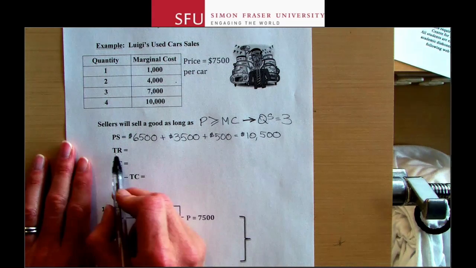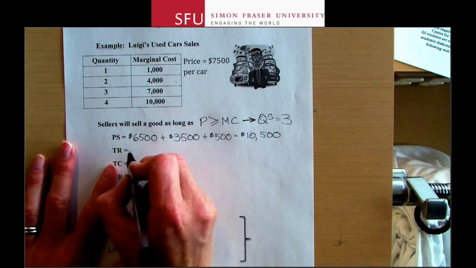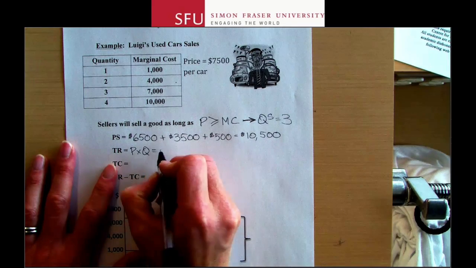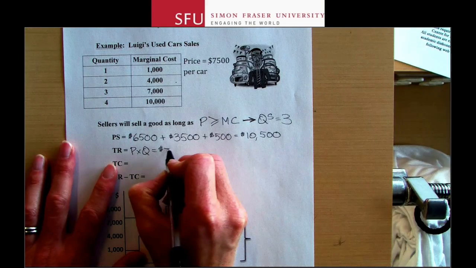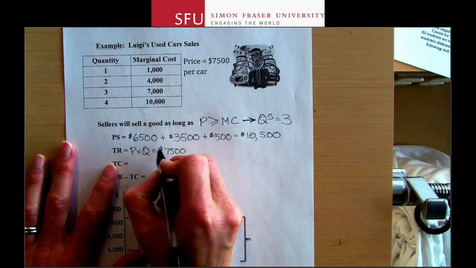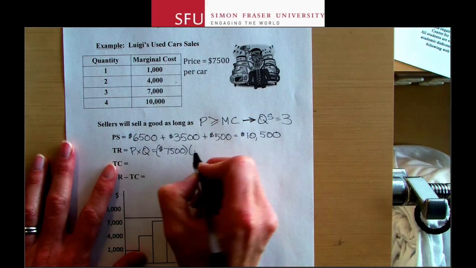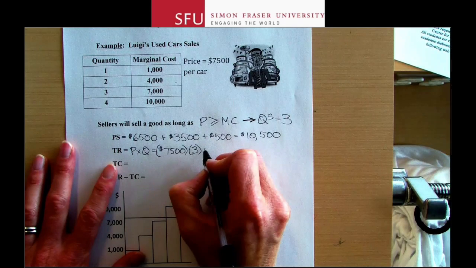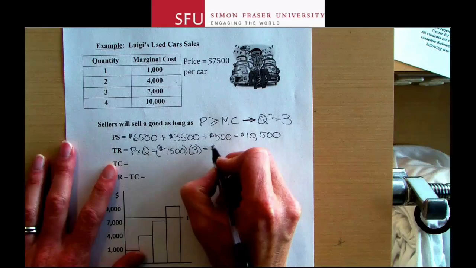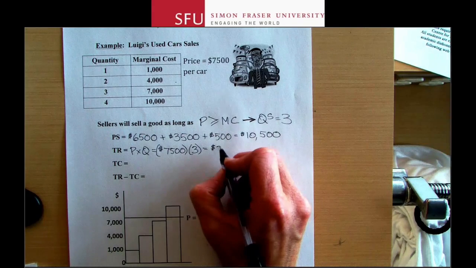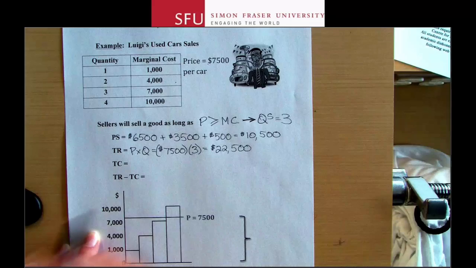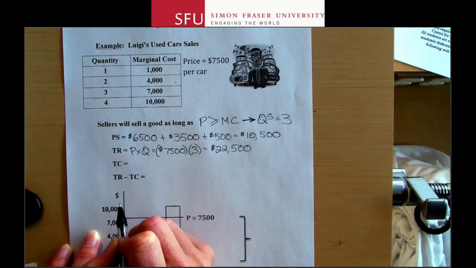So total revenue is always price times quantity. So the price they're paid per unit, 7,500, times the number of cars they sell, which is 3. Okay, so 22,500.